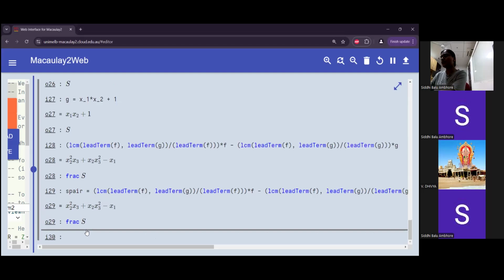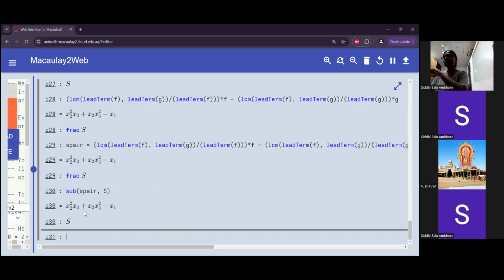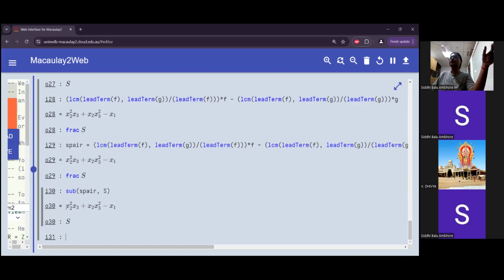I want to see this S pair as an element of S. So for that, I need to give this command: S pair, comma S. So now it is an element of S. Now, instead of looking at S pair as a fraction of S, it looks at it as an element in S. Is it clear?